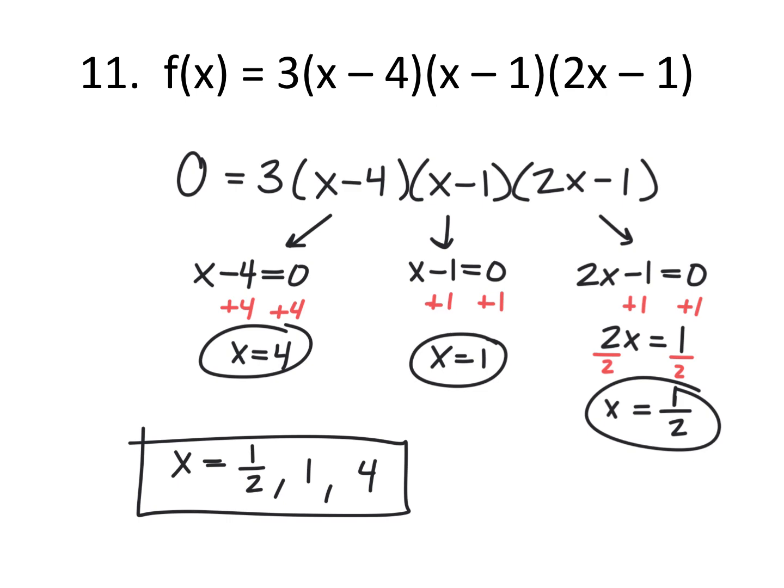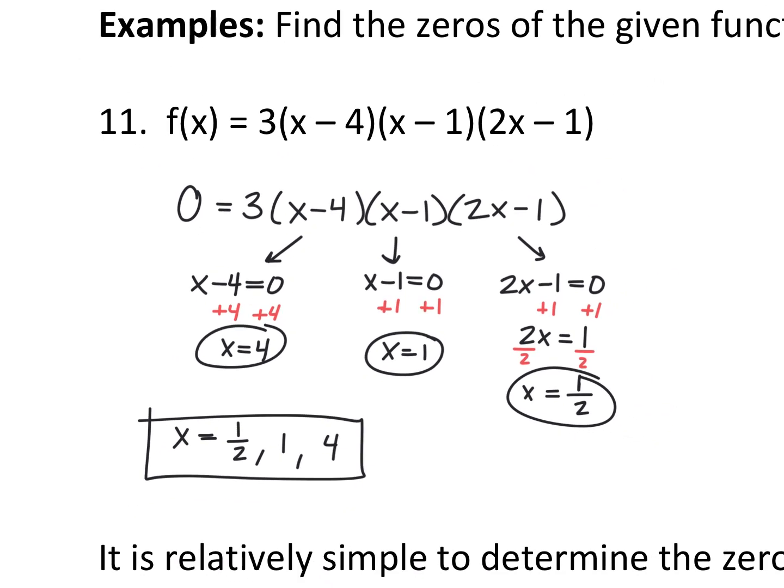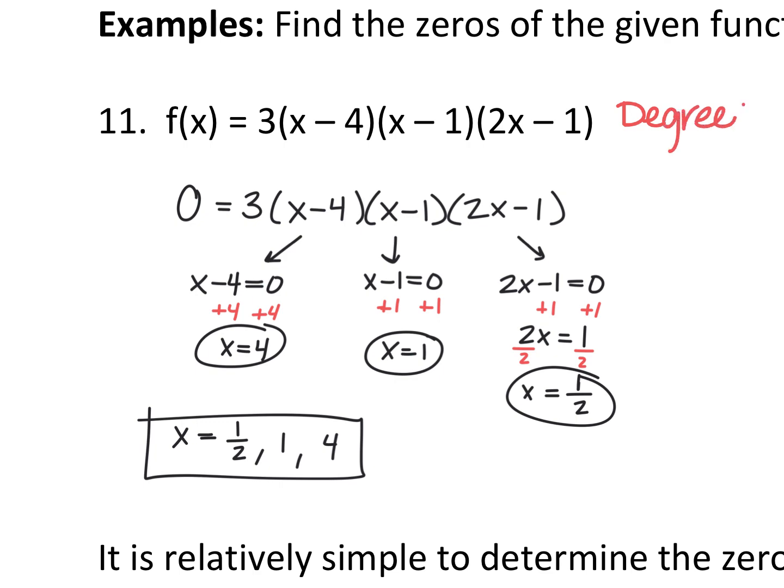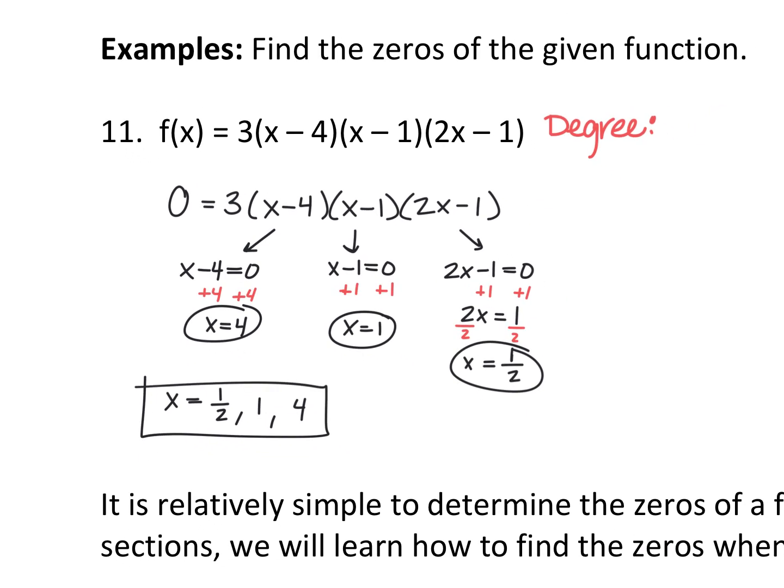I have 3 zeros. That should tell you your degree. I know it's not in standard form, but you can figure out the degree. It has a degree of 3 because it has 3 zeros.